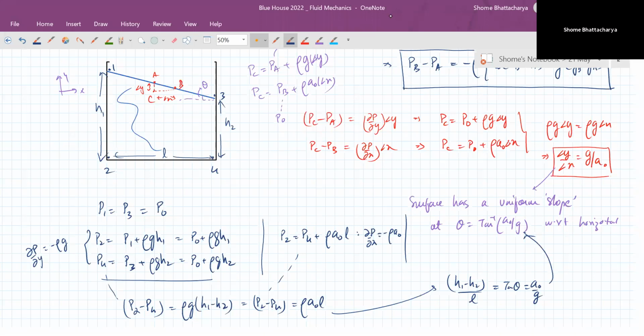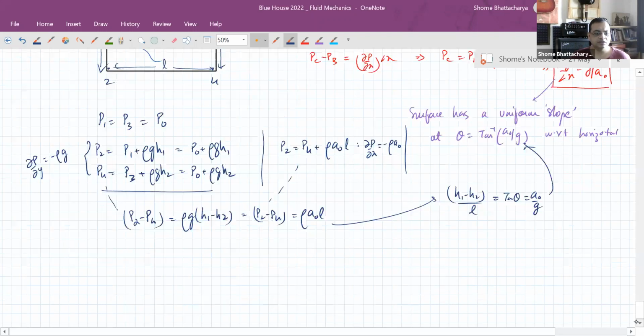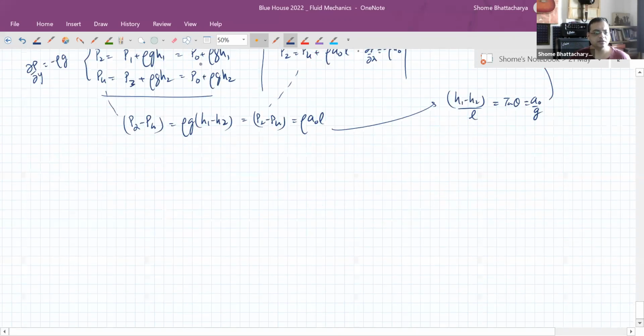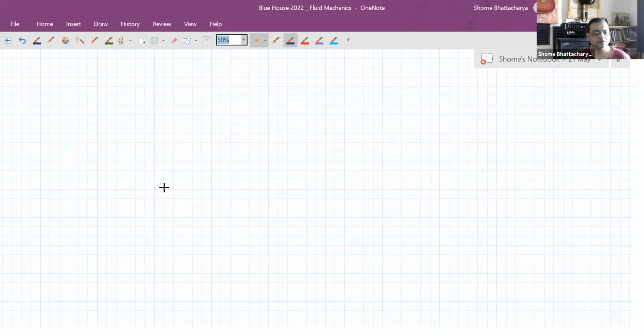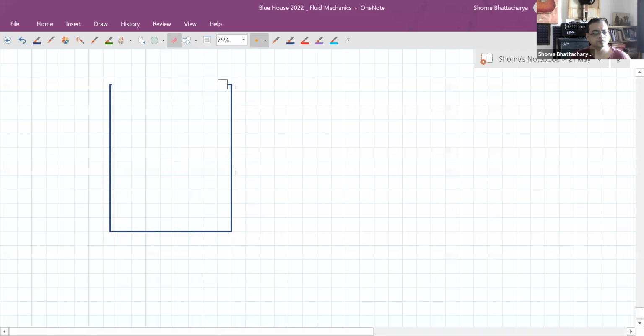Okay, people, so hope this concept of horizontal pressure gradient in a horizontally accelerated tank is clear. The very easy way to visualize this is like this: when you have a stationary tank, it's in a stationary reference frame, or an inertial frame. In an inertial frame, if you consider any object, its weight is in the vertically downward direction.